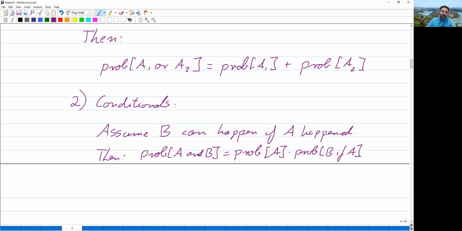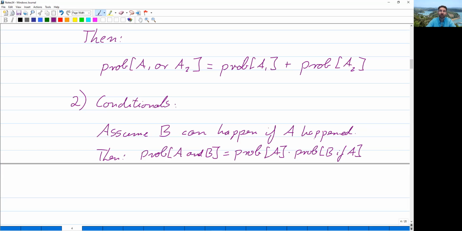Now, one might think that these rules are obvious, but they are not. It turns out that for undisturbed systems, for unobserved systems, nature doesn't do this. Nature does something else.